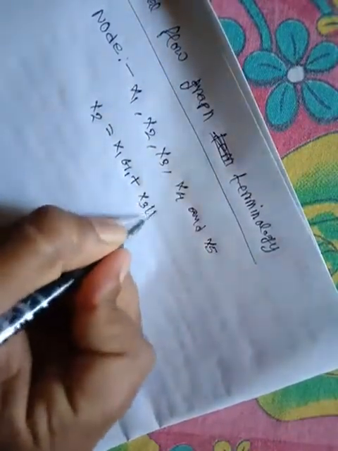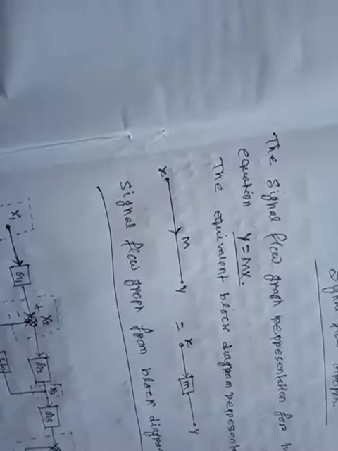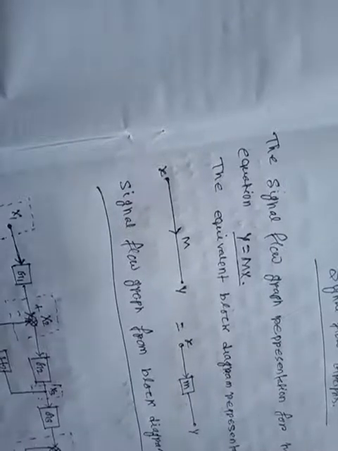The x2 is the output and x1 is the input, and the other is also an input.